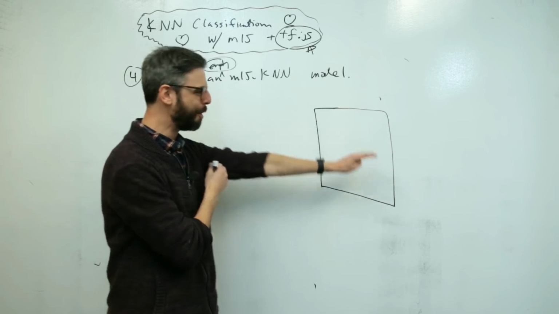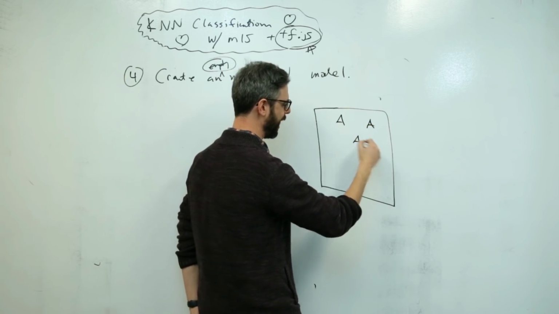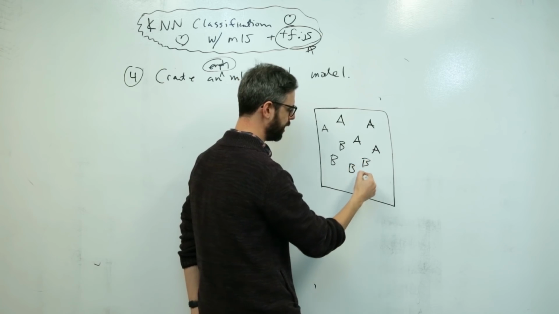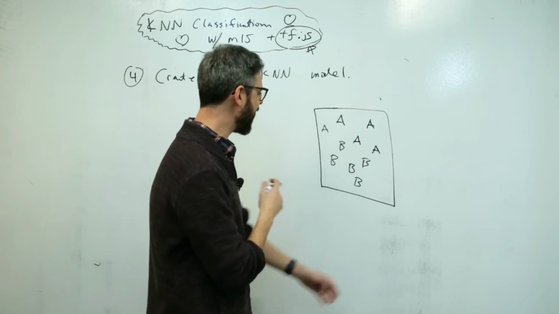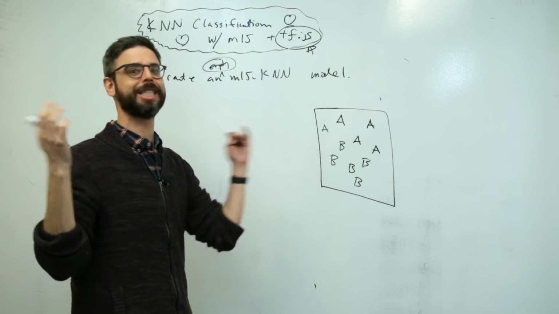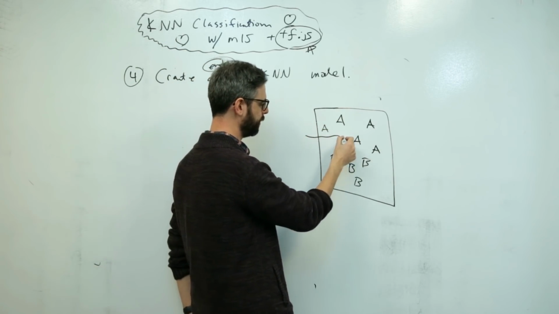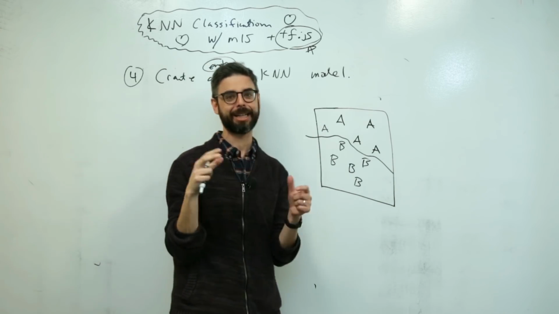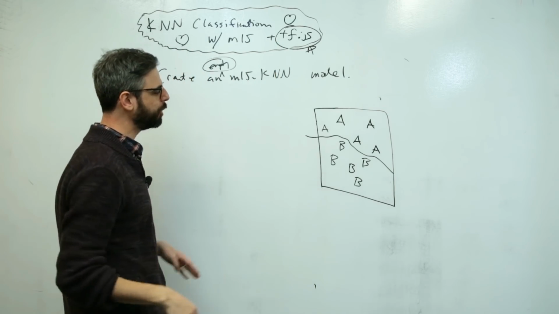I'm going to put in this 2-dimensional space a bunch of A's and a bunch of B's. Now, I've written them in a certain way to make it very obvious. In fact, I could understand visually where the quote-unquote decision boundary is between these two different categories. I could draw it like this. That's just me eyeballing it. I'm not sure if that's the exact mathematical decision boundary.